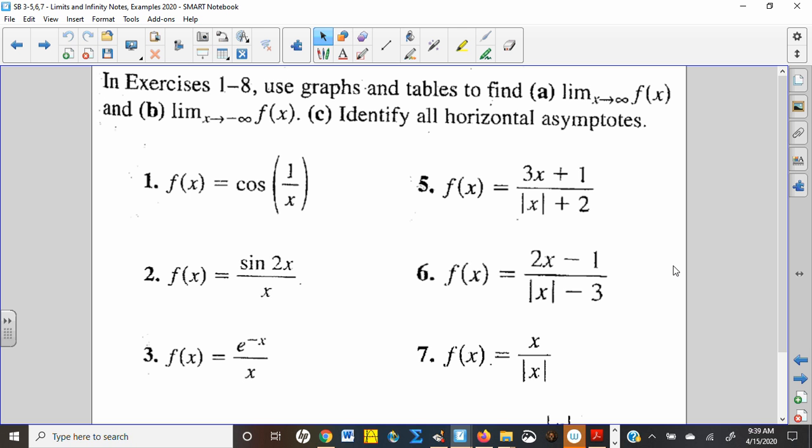Infinity is not a real number. You can't plug it in for x. It doesn't make sense. And so you really do have to use pictures, graphs, tables, and to some extent, the analysis skills that we developed during the first couple months of the semester.